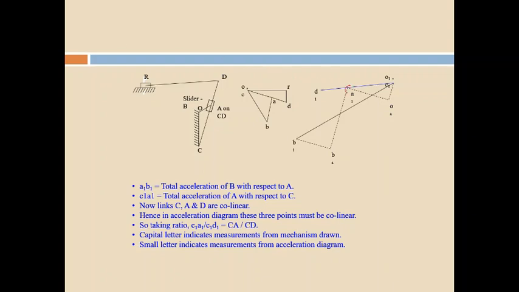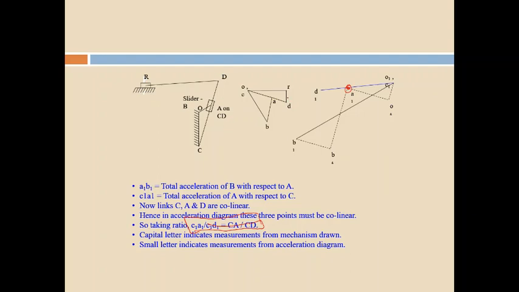We got point A at this place, but we don't know the point D. How can I find the point D? See, this is the formula for that. C1A1 divided by C1D1 equals CA divided by CD, because C1A1D1 and CAD are similar.